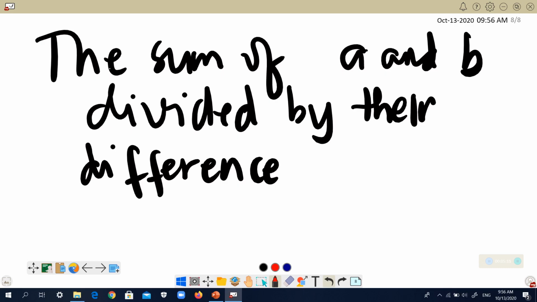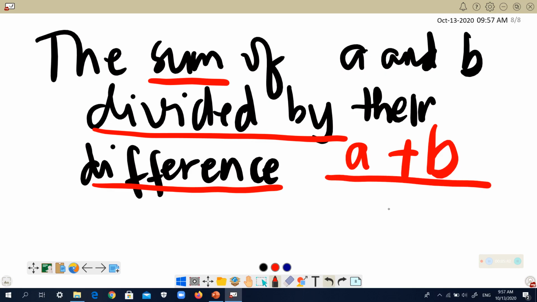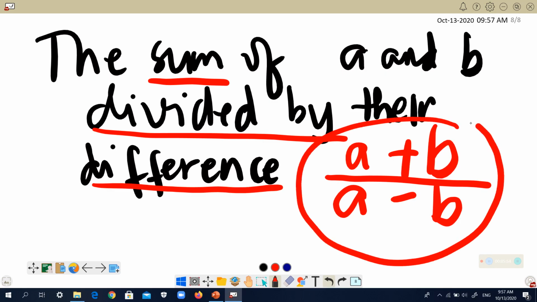I have here the sum, divided by, and the difference. First, the sum of A and B. And then it is also said, divided by, so you can have here the fraction bar. Their difference: difference means subtraction, so their difference means A minus B. So here is the translated form of our phrase into a rational expression.